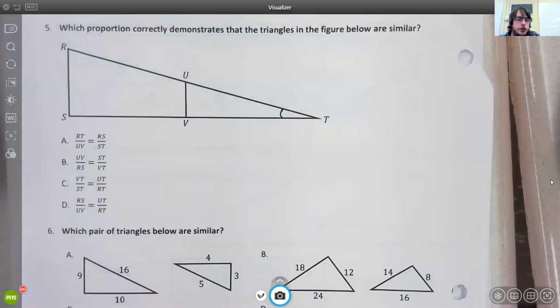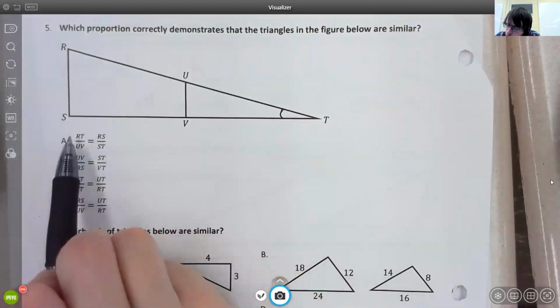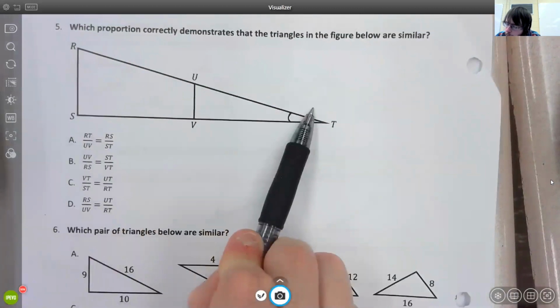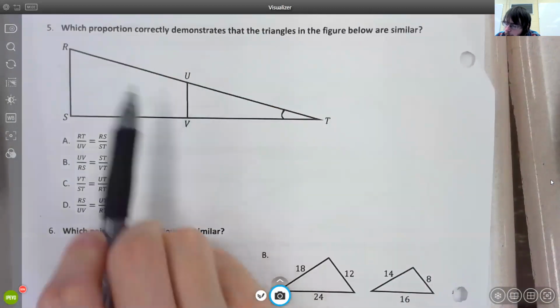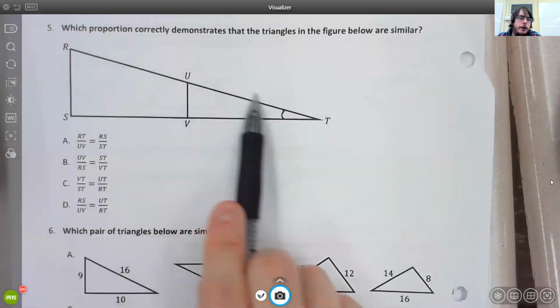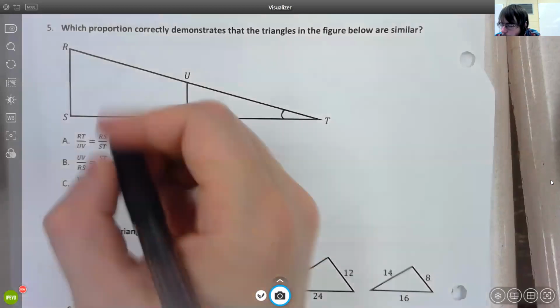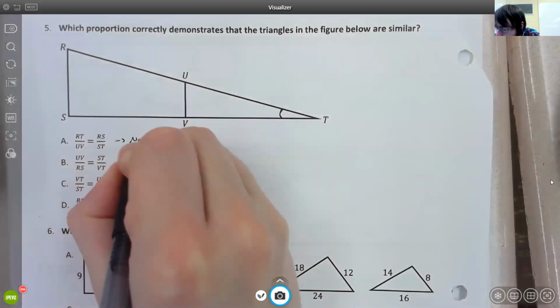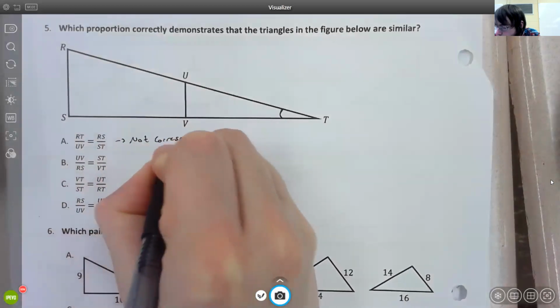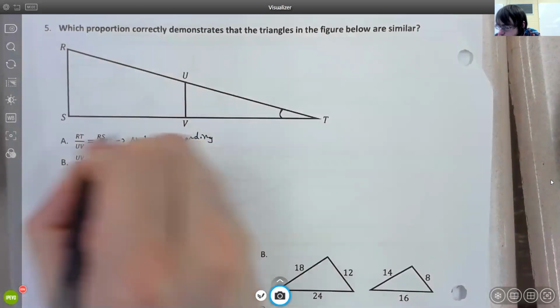However, if the triangles are similar, any proportion that shows that the corresponding sides have the same ratio would work. So let's look at A. A, we have RT over UV. Well, we can immediately rule this one out because RT and UV are not corresponding. Okay, so A does not work.